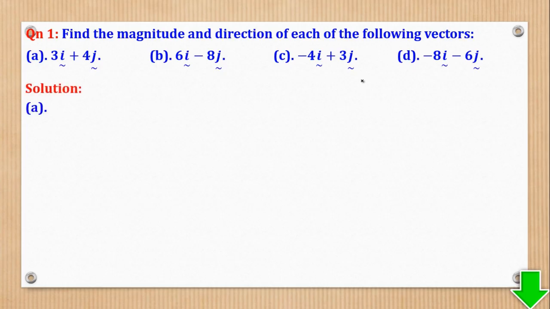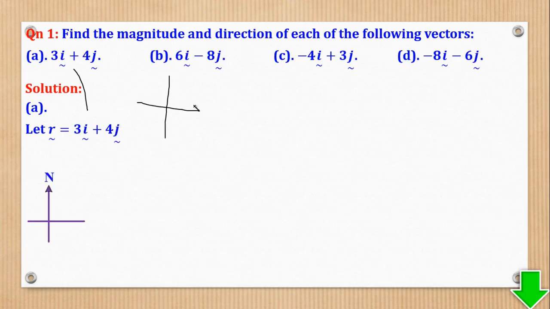So the first thing to do is to illustrate. You shall let R be the vector here. Now, illustrating, I think you remember the sign convention. Horizontally, vectors to the right are positive and to the left are negative. So this one is positive, therefore it will go to the right.